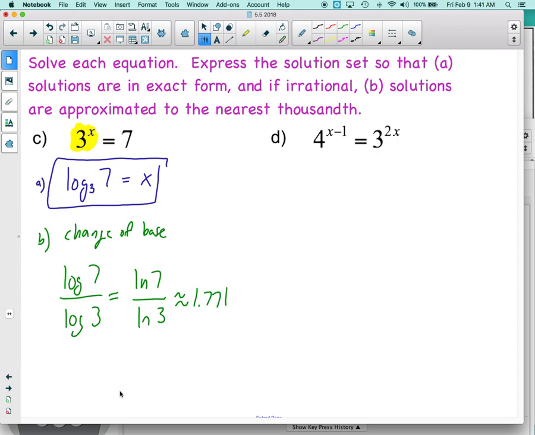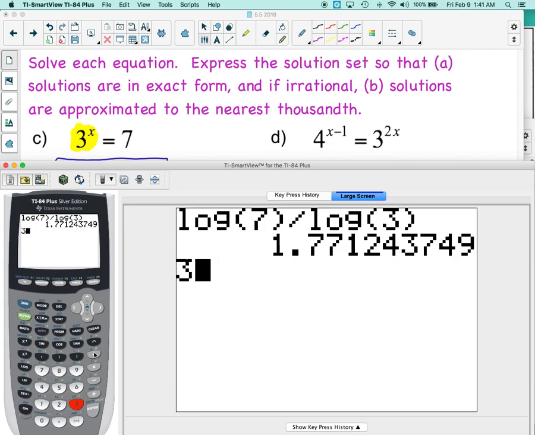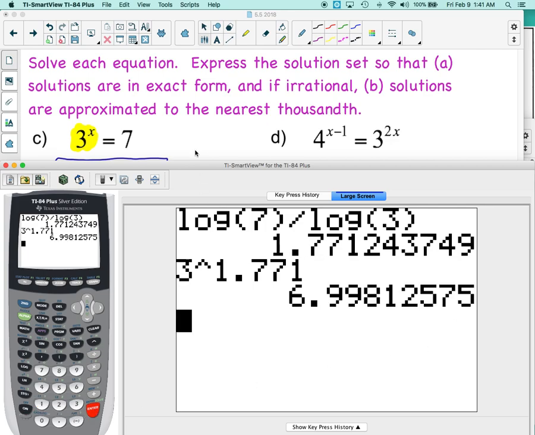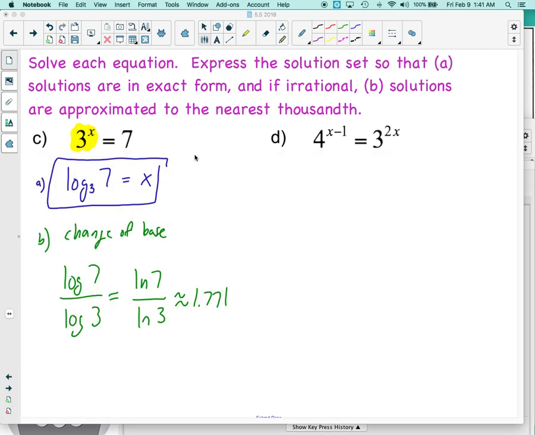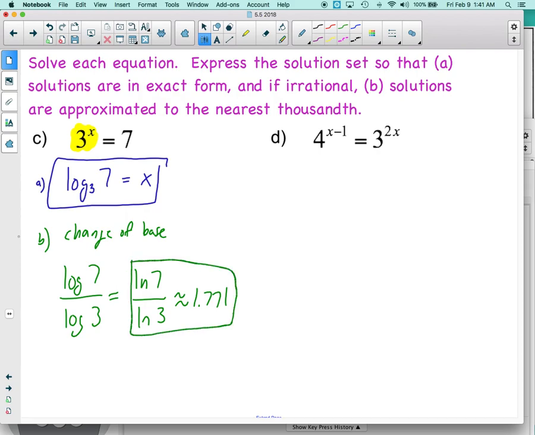If you wanted to check your answer, you could ask, is 3 to the 1.771 equal to 7 or something really close to 7? And we see that it is. So our answer makes sense. So here is our approximate answer. So there's the first one.